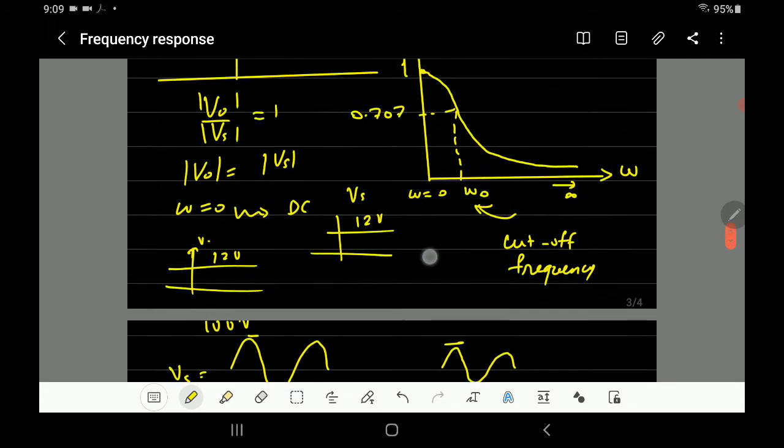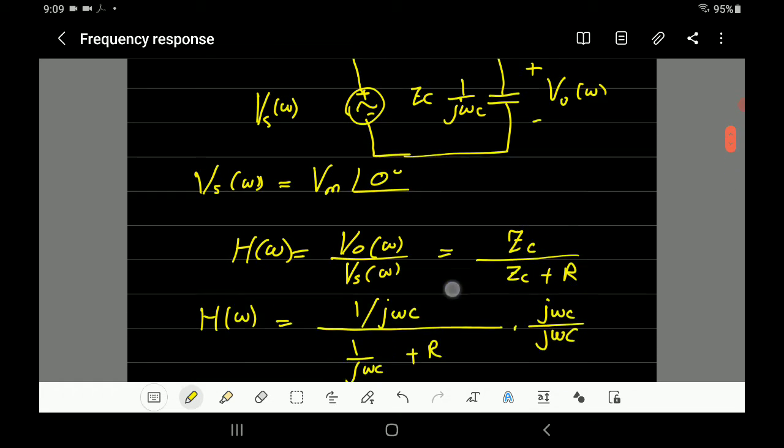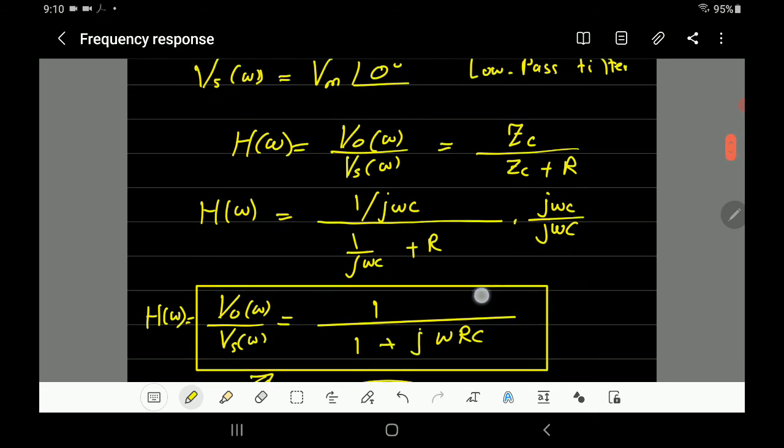So this circuit that we just explained behaves as a low pass filter. It means it allows any input with low frequency components to pass through, but any input with high frequency will be attenuated, will get smaller amplitude.